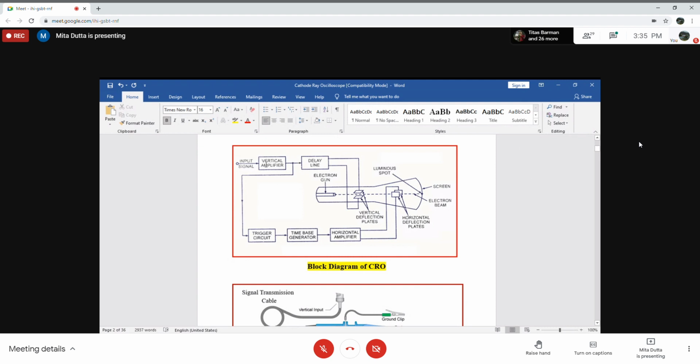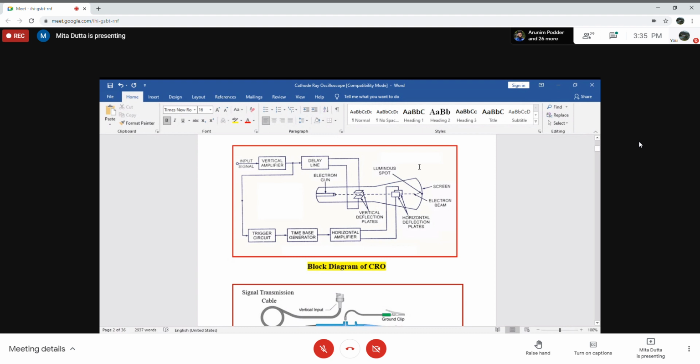And the voltage applied to the vertical deflecting plates is proportional to the amplitude of the voltage applied at the input signal, and it moves the spot of light on the screen up and down.